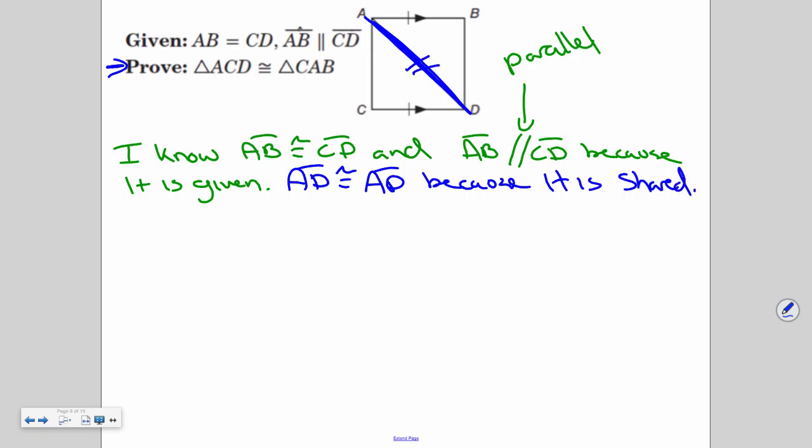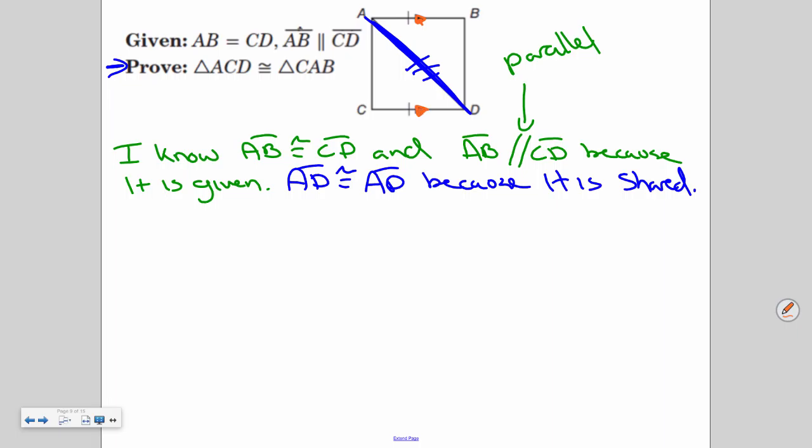So now I have this. Now, parallel lines give me angles. What is parallel? That means that you will see these arrows. That's what it means to be parallel.